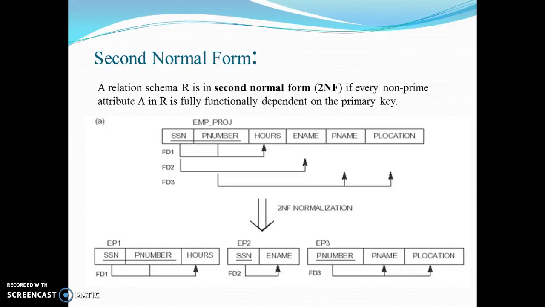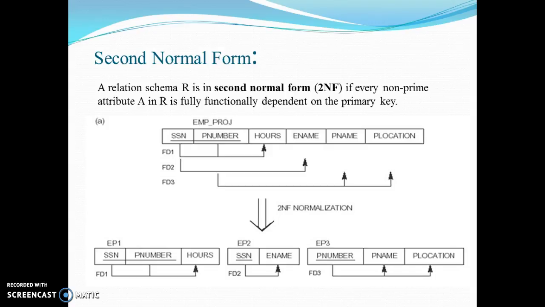Okay, second normal form. Second normal form means that a relation schema R is in the second normal form if every non-prime attribute A in R is fully functionally dependent on the primary key. Here is another example of an employee project. Here SSN, P number, hours, ename, pname, and P location are out there. First one, FD1, is dependent on hours.